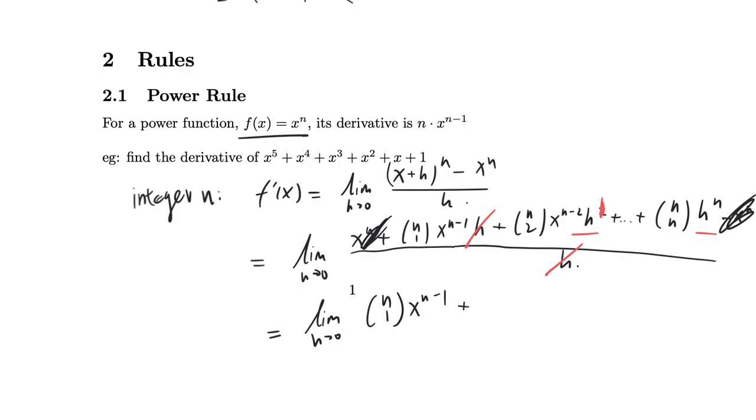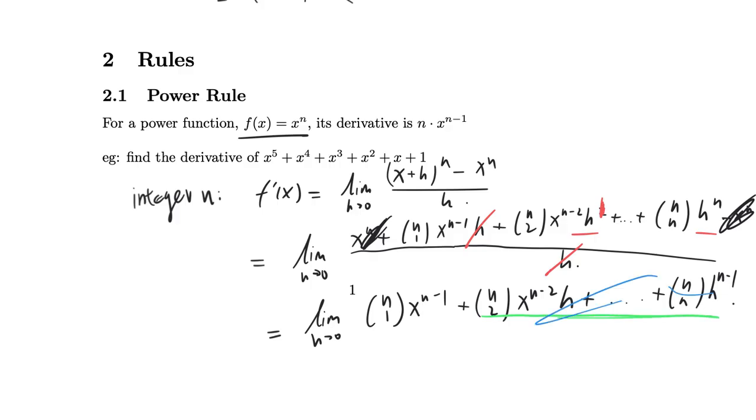So this would be plus n choose 2 x to the n minus 2 h plus, and so on, until you get n choose n of h to the n minus 1. And then notice x is something finite, and then h would tend to 0 for all of these terms right over here. So all of these terms would vanish as h tends to 0, and this is independent of h. So this would just be equal to n choose 1 is just n, and this is x to the n minus 1.